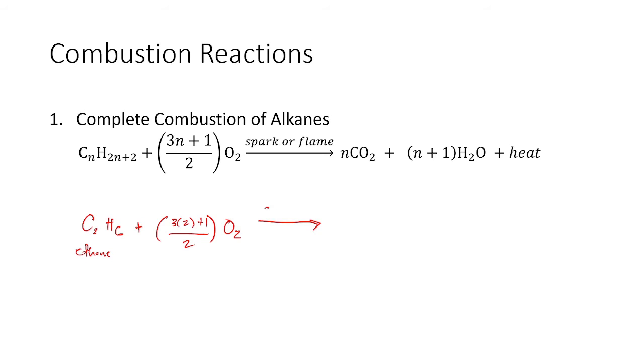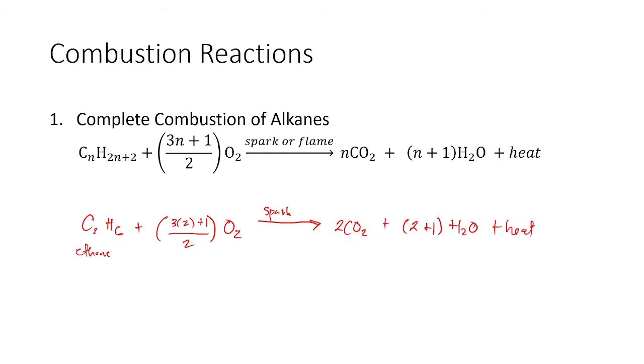And with spark, we will produce N moles of carbon dioxide. N is 2, so we have 2 moles of carbon dioxide plus N plus 1 moles of water, so 2 plus 1 moles of water. For the heat, we will not quantify it in this example because it may complicate things.